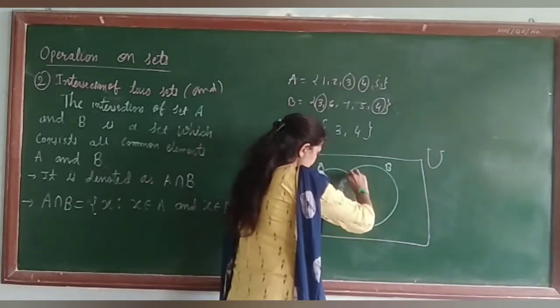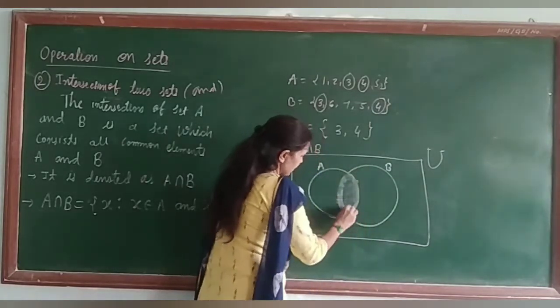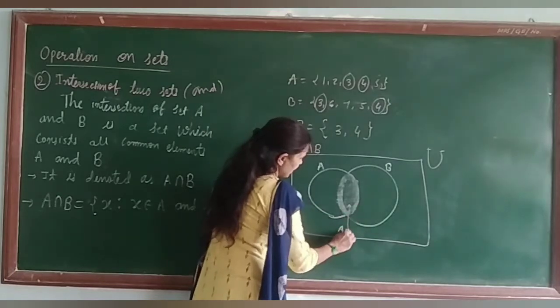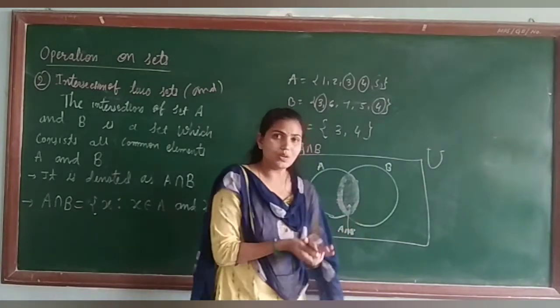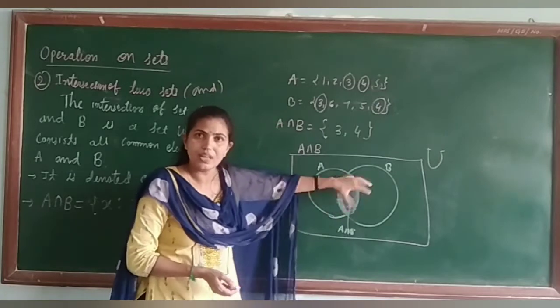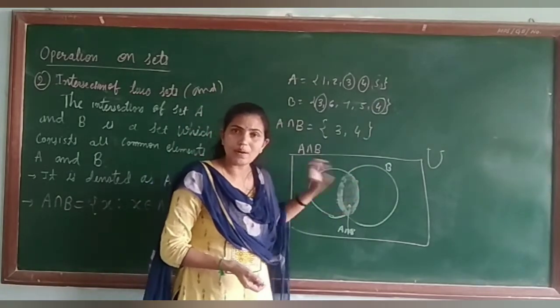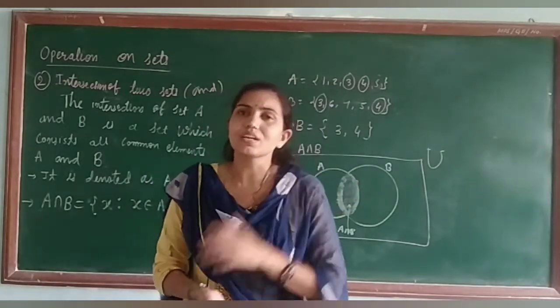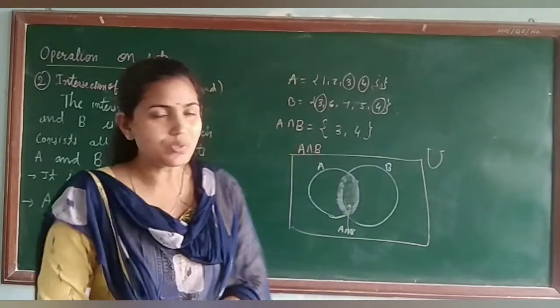This is A intersection B. So union में क्या है, हम पूरा cover up कर रहे हैं, but intersection is only the common part. So this is the concept of the intersection of two sets.